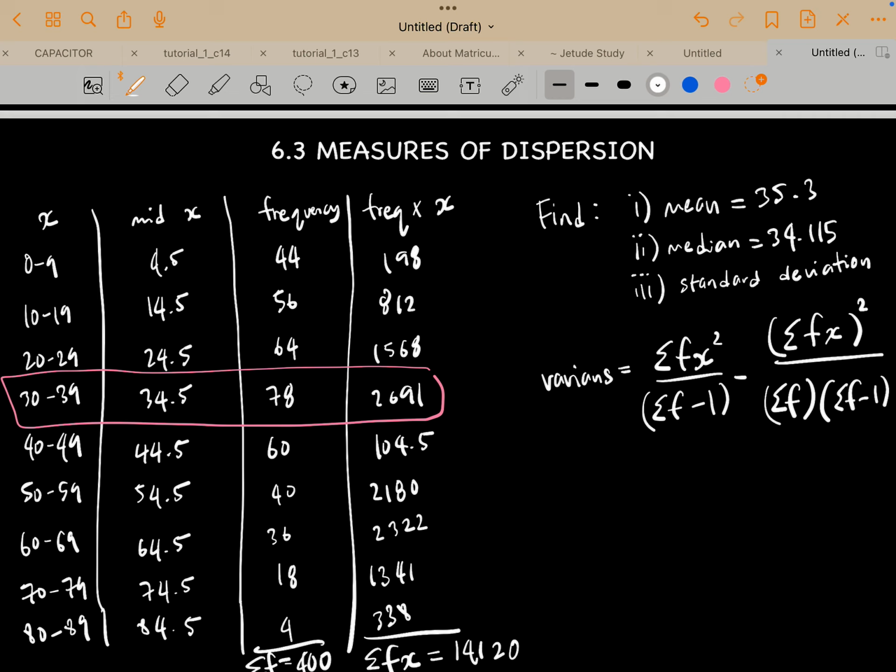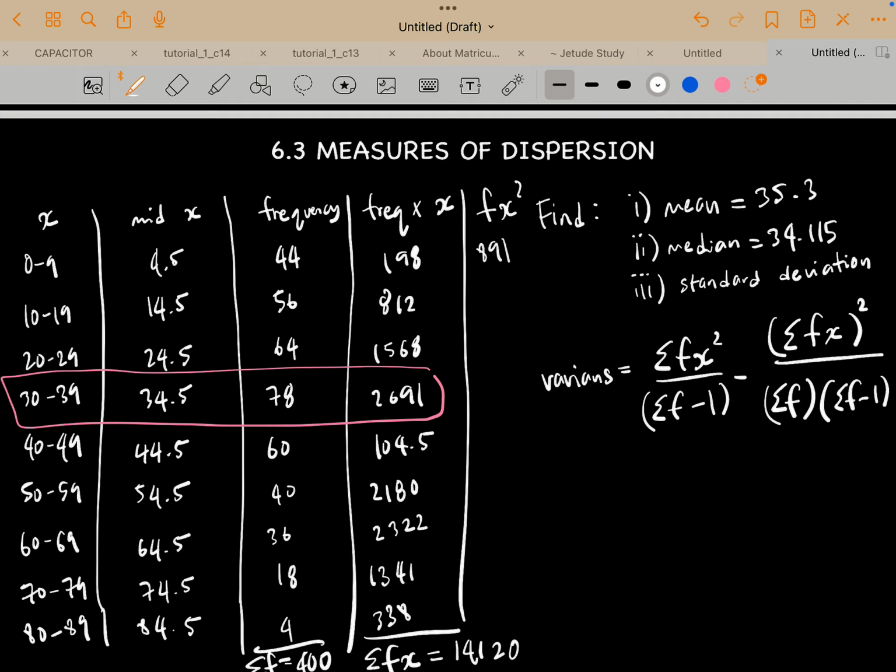So in our case, we don't have the sum of fx squared just yet. We can do that.